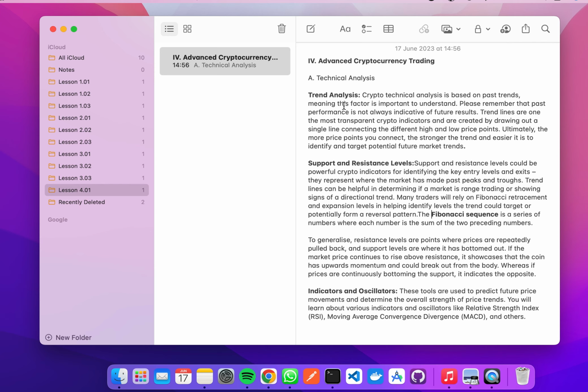Many traders will rely on Fibonacci retracement and expansion levels in helping identify levels the trend could target or potentially form a reversal pattern. The Fibonacci retracement is based on the Fibonacci sequence, as you can see here. This is a series of numbers where each number is the sum of the two preceding numbers.